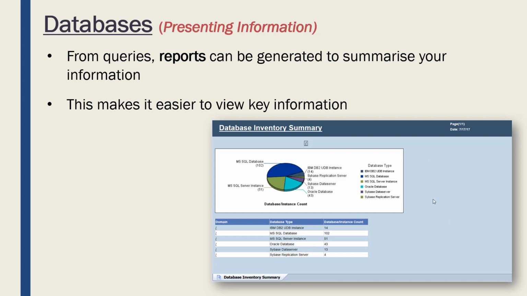I can maybe print off this report, show it to my colleagues. It makes it a lot easier to view the key information as opposed to the entire database, which may be massive. So in lots of database management software, you can have some charts created from tables, a bit like spreadsheet software, but it's not really the key purpose, although a nice chart is useful for presenting your information.